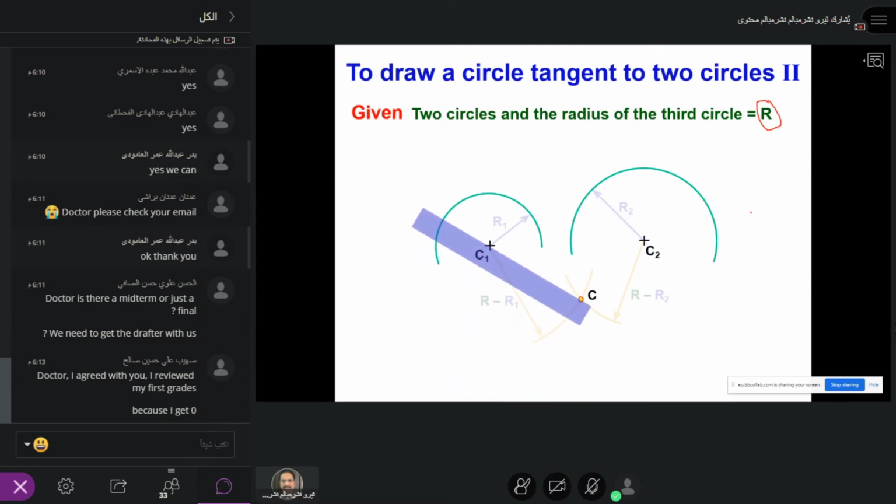Join C to C1 and C to C2, and then arc it, and now you have to join these two from here to there. Take C as the center and R as the radius, which will join from here to here.